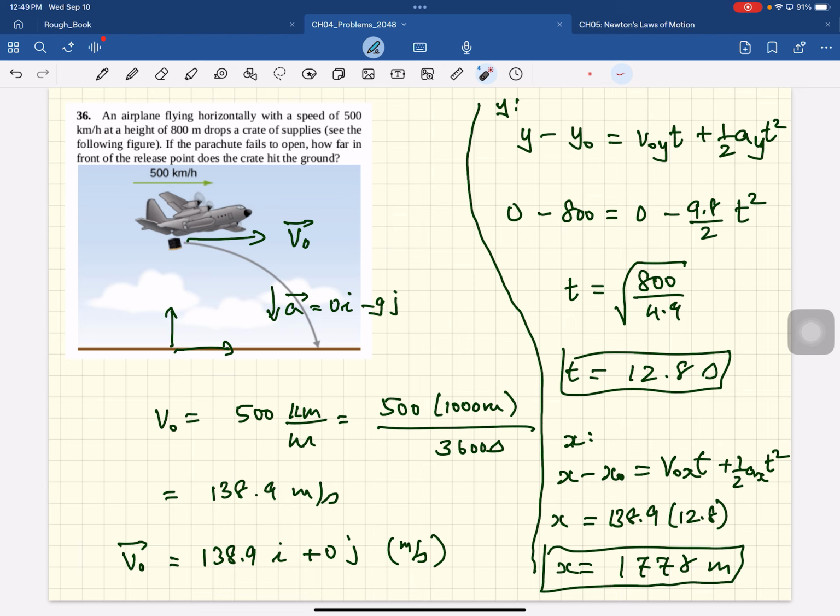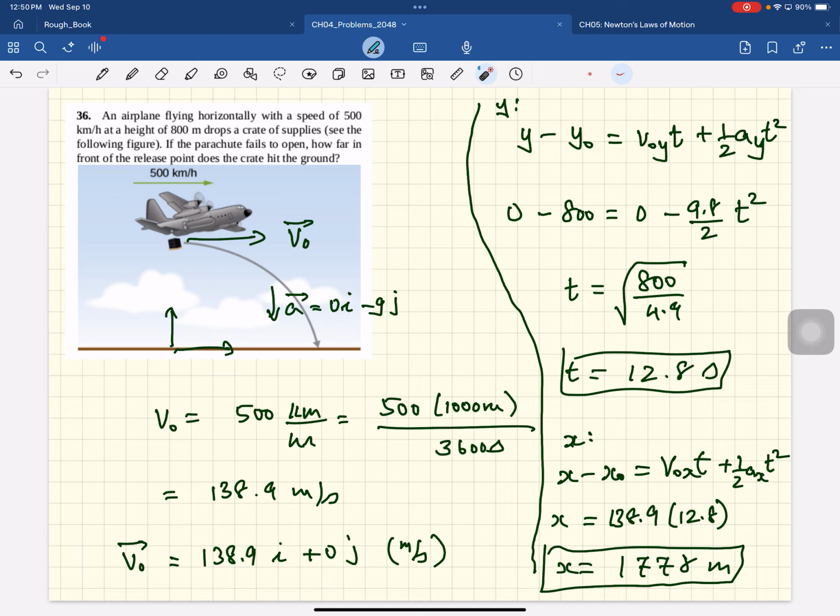So this speed is roughly the speed at which a jet comes into land. 800 meters is when you see those planes flying over the beach.